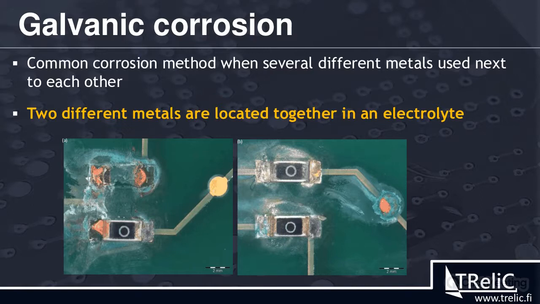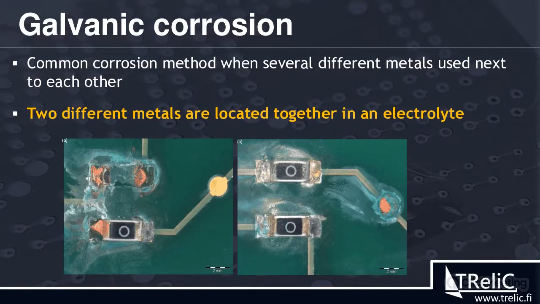Galvanic corrosion is probably the most well-known and very common corrosion process. Basically, it means that we have two different metals next to each other, and then the less noble one starts to corrode, and this again can happen quite quickly.